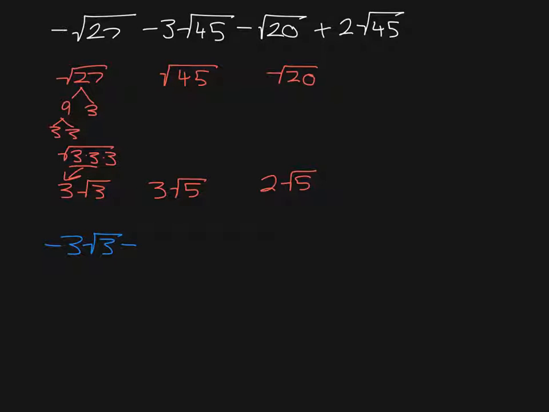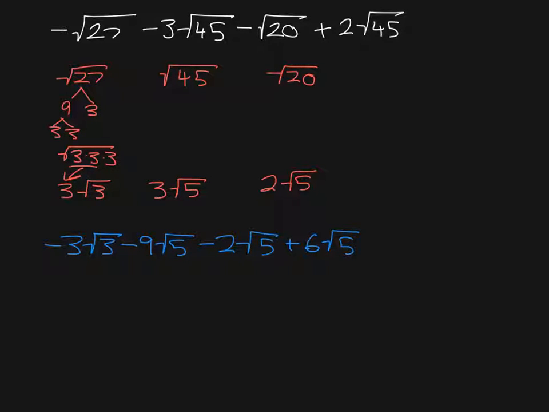So 3 times 3 gives me 9. I have minus 9 root 5 minus the square root of 20. That's going to be minus 2 root 5. Then I have plus 2 root 45. That's going to be plus 6 root 5 because I have 2 times 3 root 5. 2 times 3 is going to give me 6.